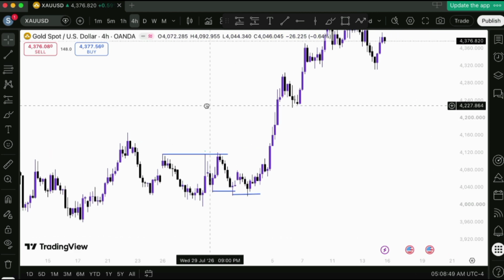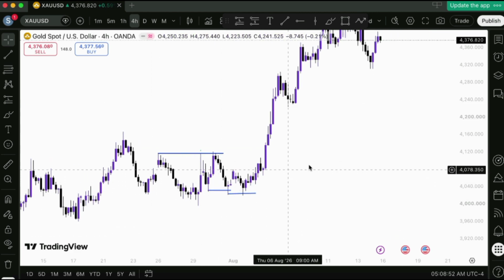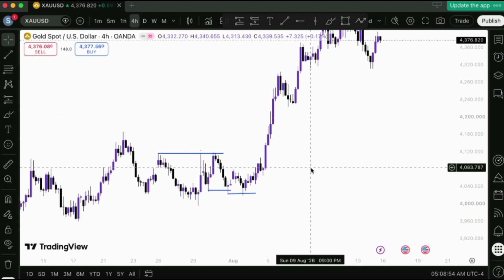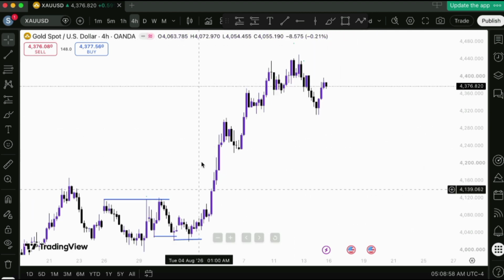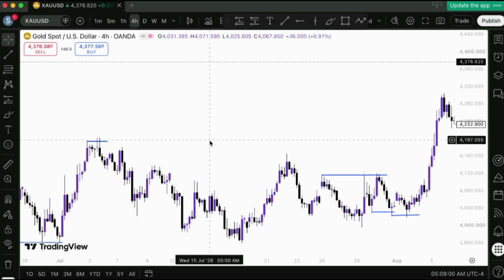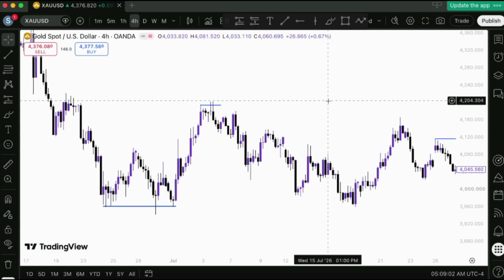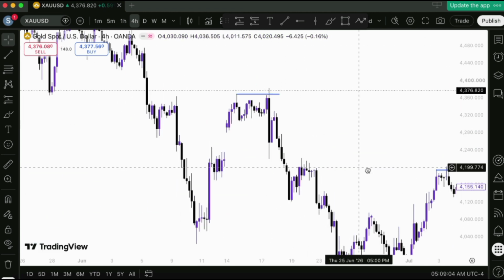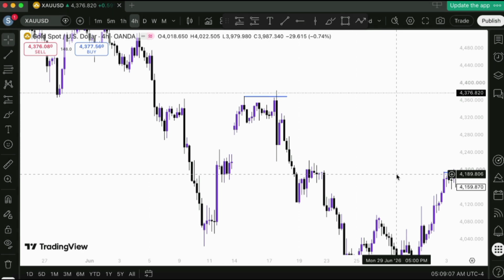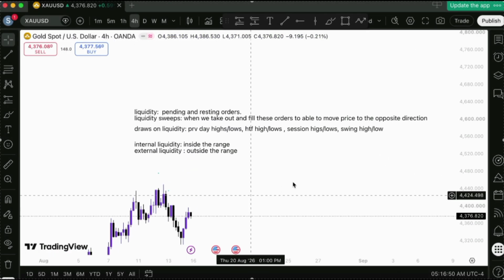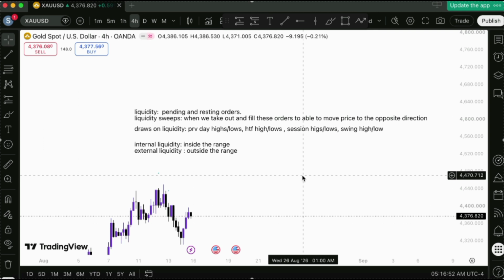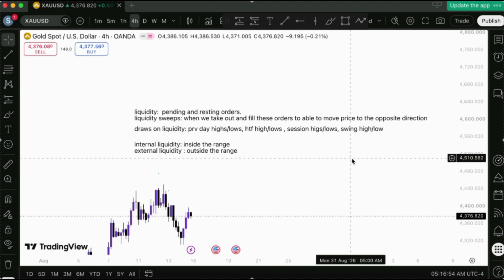You have to see what price does after a liquidity sweep, like displacement or valid market structure shift, or you have to have a valid entry model to enter a trade, based on your strategies or whatever. Next time you open your chart, don't just look at candles, mark your draws on liquidity, because once you start seeing liquidity, you stop looking at the chart the same way.